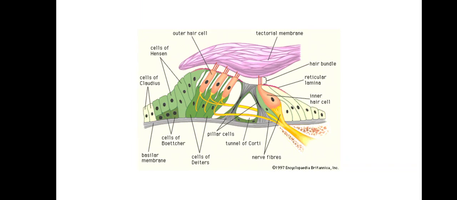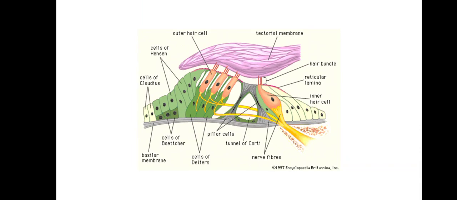The pinkish color structure is known as the tectorial membrane, which is always present on the surface of this organ of Corti. Below this, the green color cells of Hensen are present, while the orange color cells are the main important cells having apical hairs. That's why these cells are known as hair cells.